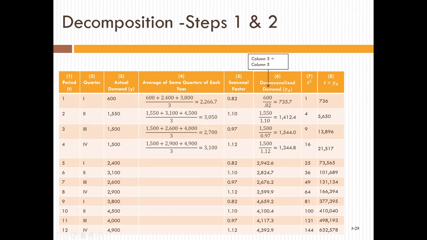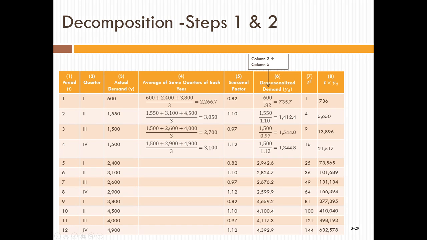Then we determine the seasonal factor by dividing that average by the average of all 12 quarters. We sum these up and divide by 12. Column 3, the 12 quarters, adds up to 33,350.